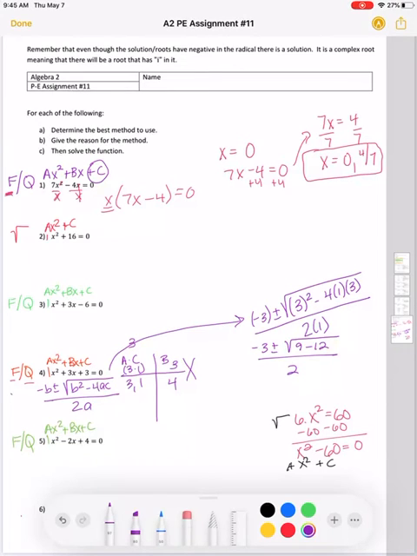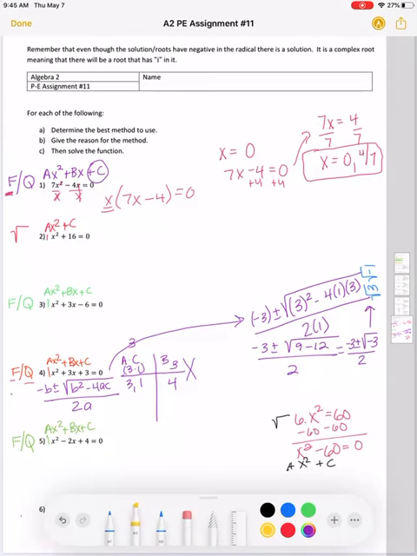Okay, so we're going to keep going on that. 9 minus 12 is negative 3. So I get negative 3 plus or minus the square root of negative 3 over 2. Cannot have a negative under a radical. So remember that this guy right here turns into the square root of 3 times the square root of negative 1.